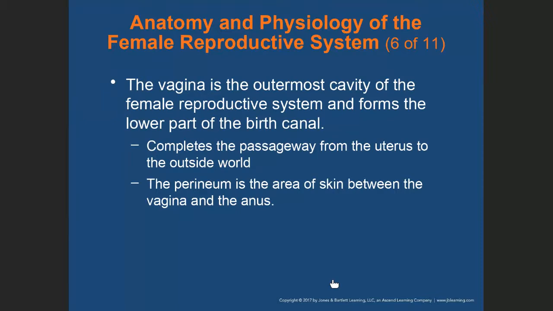The perineum is the area between the vagina and the anus. It's an important area to be familiar with because it can tear if the delivery is explosive. So if it's an explosive birth or if it's rapid, it can tear the perineum, and that can cause a lot of bleeding.